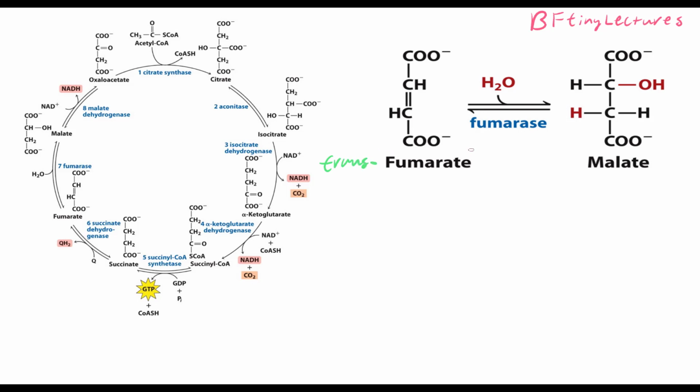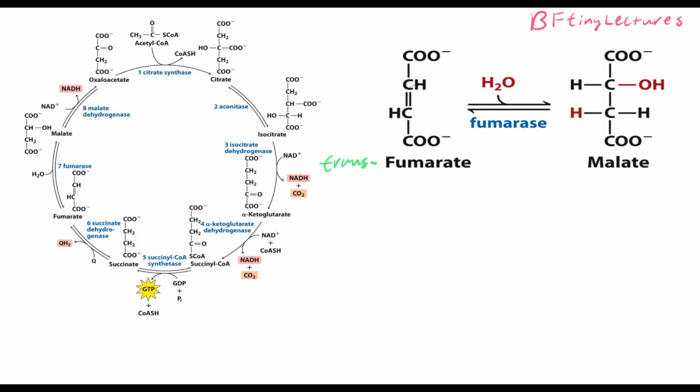So this is a trans fumarate, and we're going to be adding water, and this is going to be facilitated by fumarase, right? So again, scientists don't really know how to make names. I hope that they never have to name a baby, because really these names are simplistic. Look, ase just means enzyme, and fumar is just fumarate, right? So this enzyme is for the fumarates, right? Very, very simple. So again, we're going to be adding water.